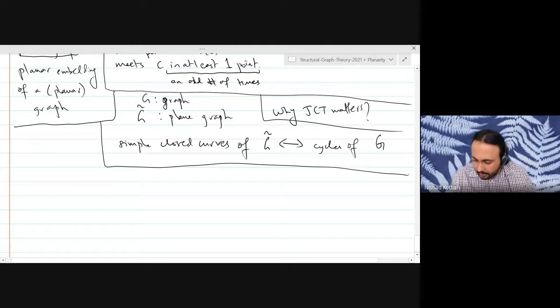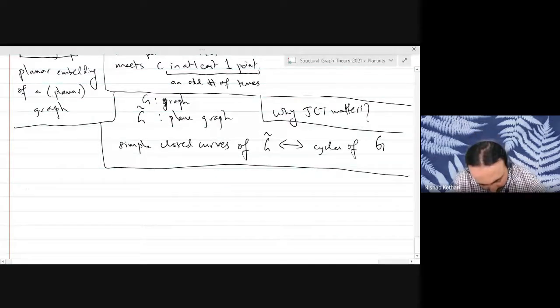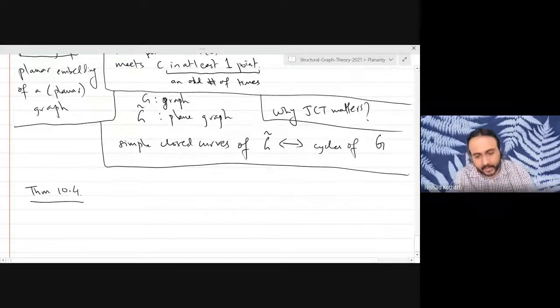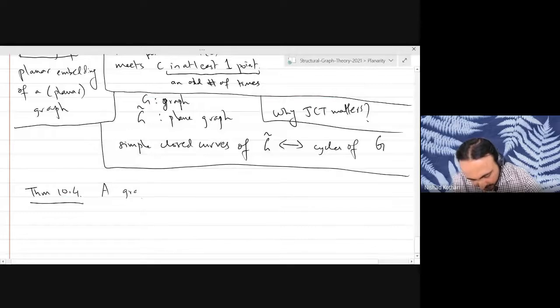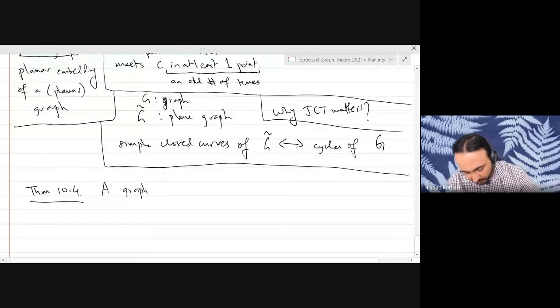There's another point I want to make that I kind of alluded to yesterday. Anything that you can draw on the plane in a planar fashion can also be drawn on the sphere. Okay? So I won't even write down a proof of that. You can read about stereographic projections if you are not familiar with it.